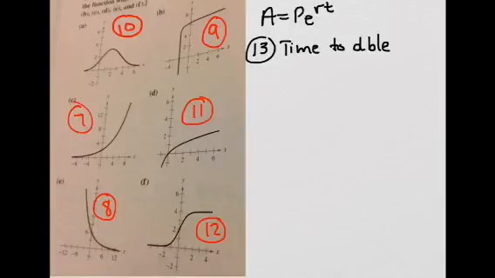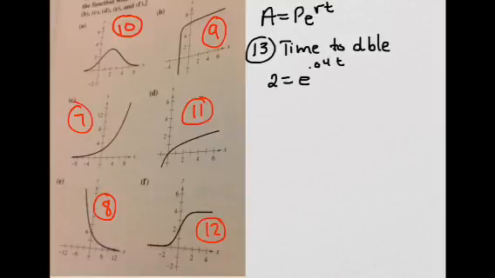Number 13, it's asking you to figure out how much time it is going to take to double, and then how much money you are going to have after 10 years. So if it's at a rate of 4%, the initial investment doesn't really matter, because no matter what, when you double, you're going to end up with this: 2 equals e to the 0.04t.